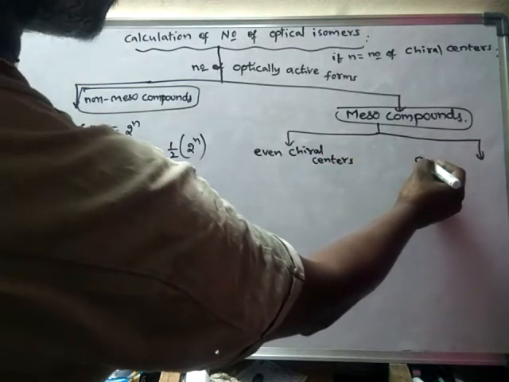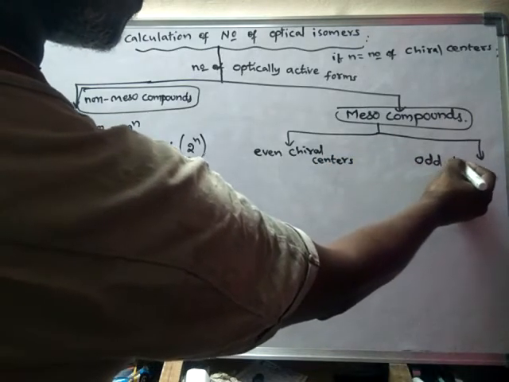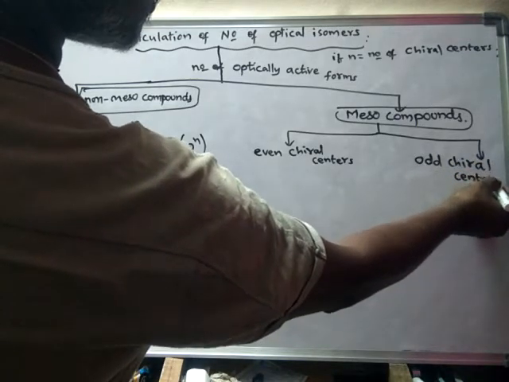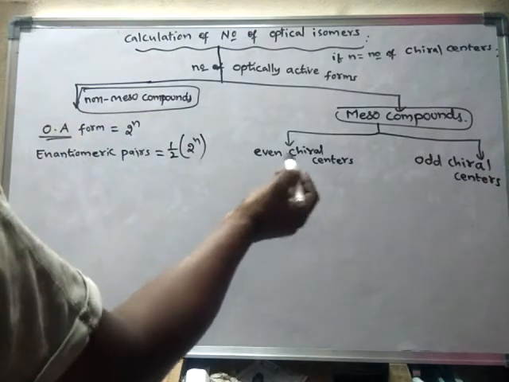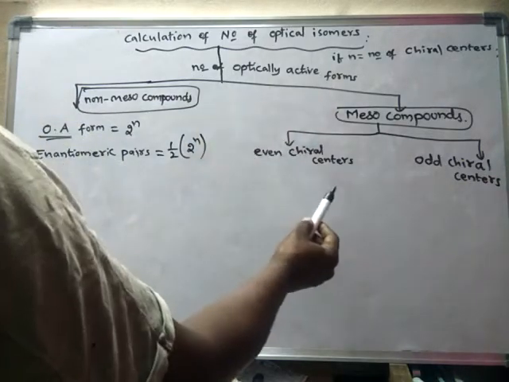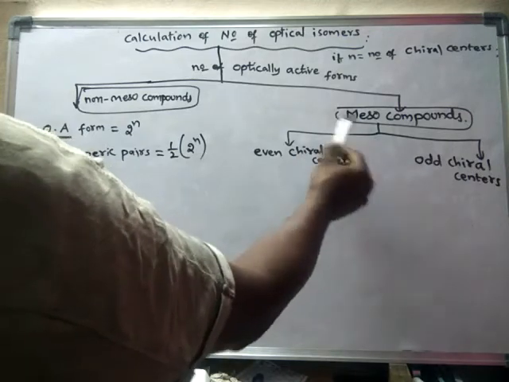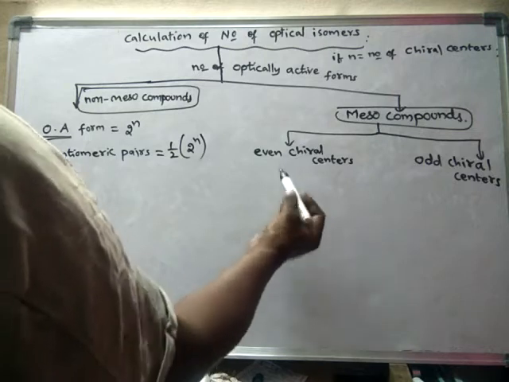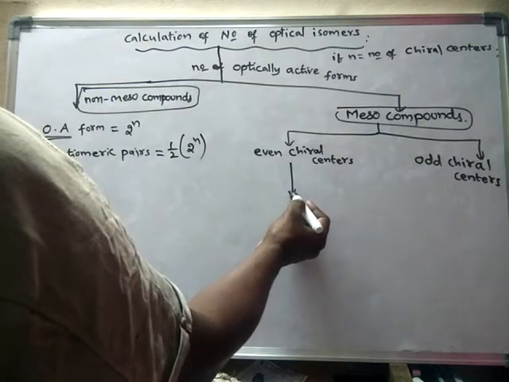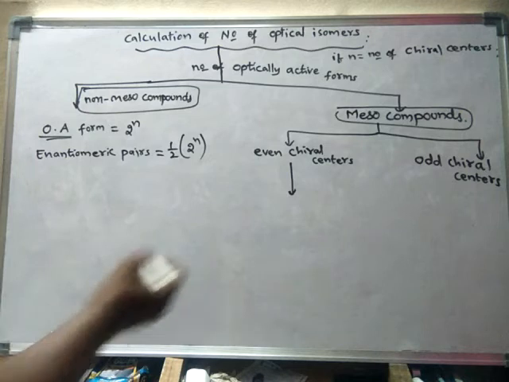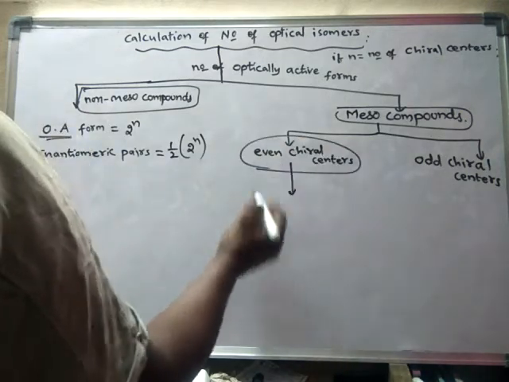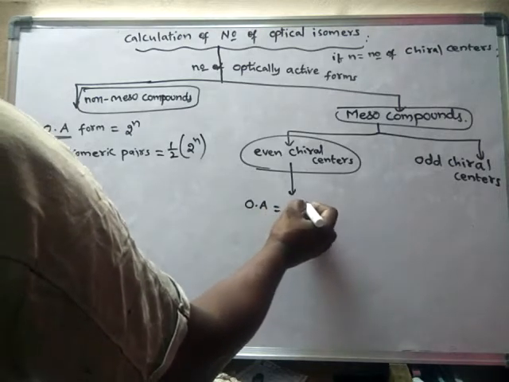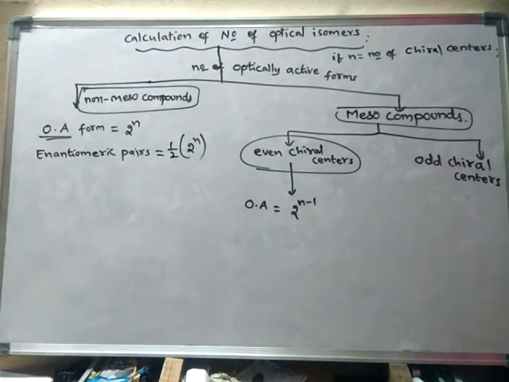To calculate the number of optically active forms when the compound is meso and has even chiral centers, the number of optically active forms will be equal to 2 to the power of n minus 1.